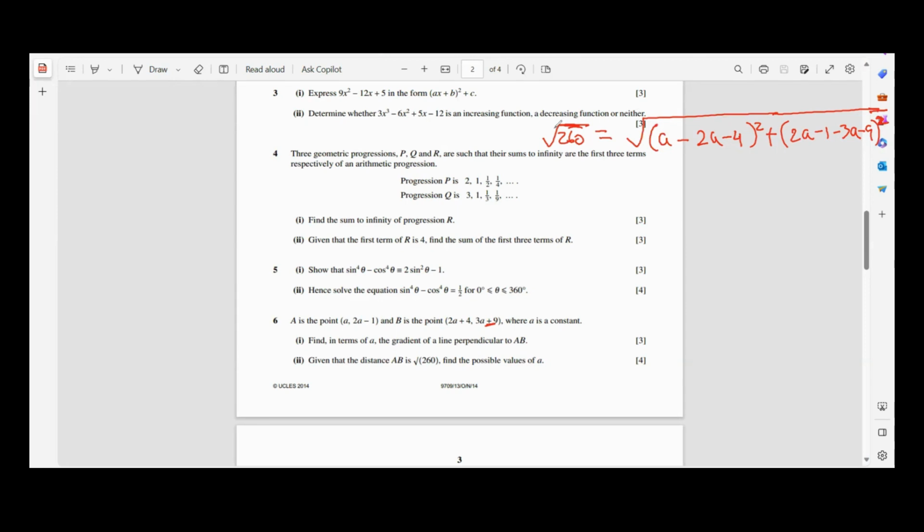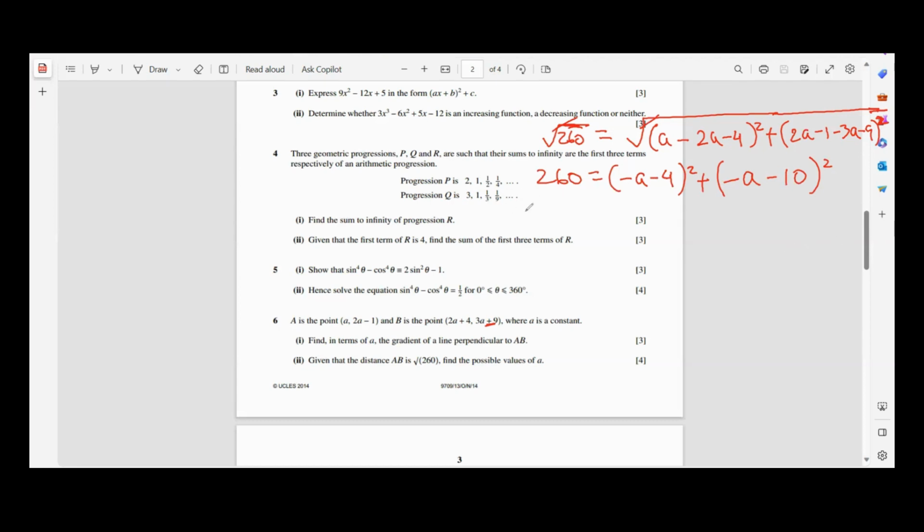And then both square roots we can cancel. So we get 260 equals a minus 2a, so minus a minus 4, squared, plus 2a minus 3a, minus a, minus 1 minus 9, so it is minus 10 squared.